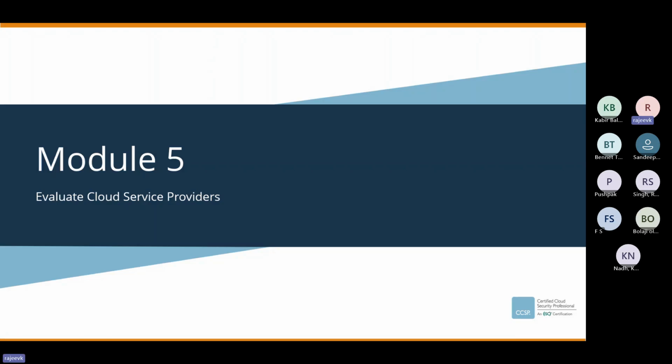Evaluate service provider. We discussed some of the high level features of the cloud: the shared responsibility consideration, the security portfolio, and the way architecture and framework are going to be managed. Now, how do we pick a provider? Picking a provider is not going to be a one-day task.